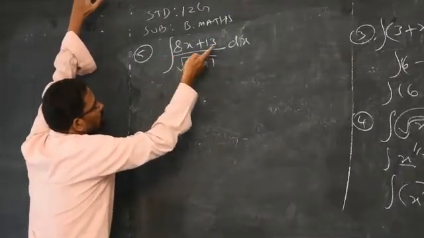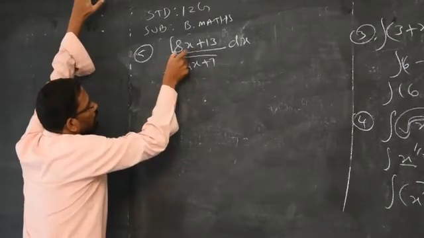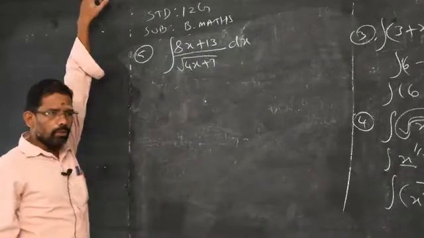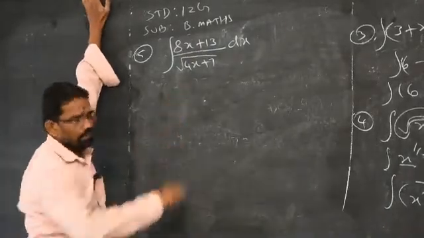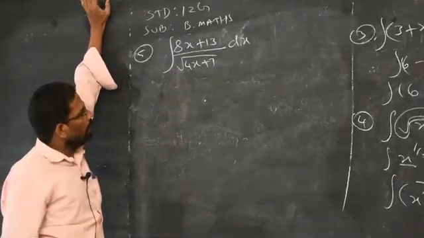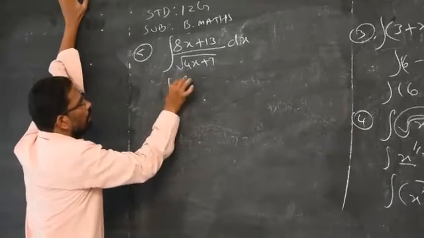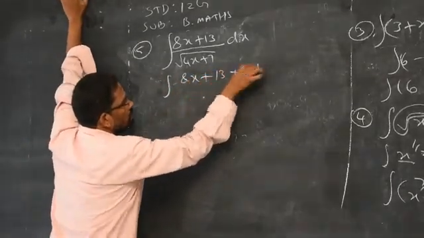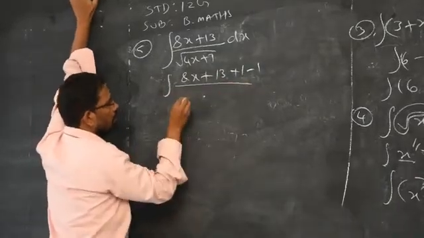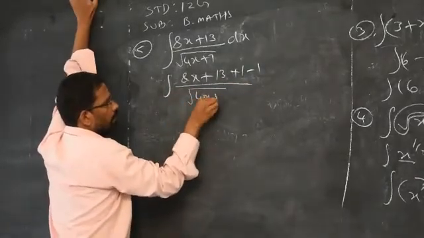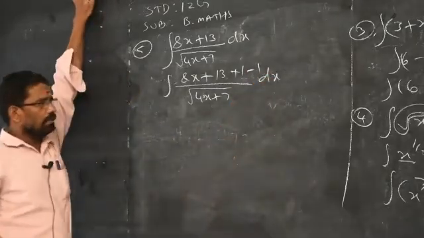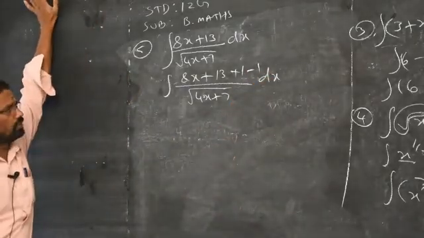Here 8x, if I take 2 outside, I get the first term 4x exactly, but I cannot divide 13 by 2 to get 7. So I need a little adjustment. I am adding 1 and subtracting 1. This is never going to disturb the original function.